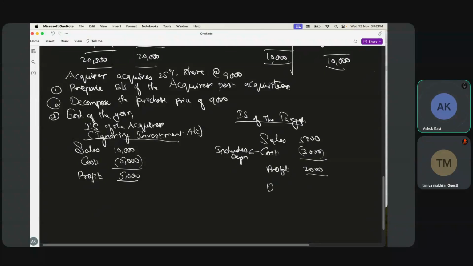And then they also paid dividend. Dividend paid is 500.